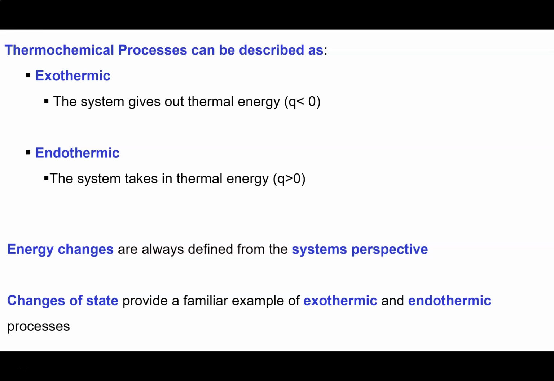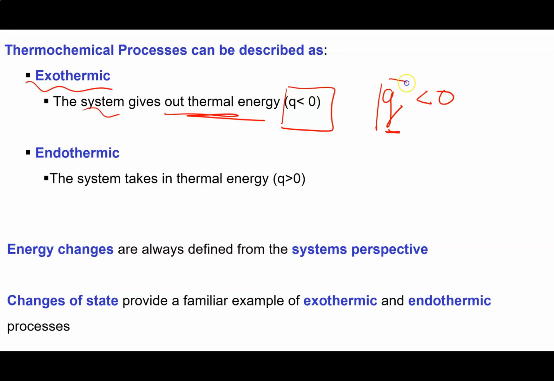Thermochemical processes involving a transfer of thermal energy can be described as being exothermic if the system gives out thermal energy. It's important to recognize that what that means is that the system will lose energy. So the change in energy of the system will be a negative number.